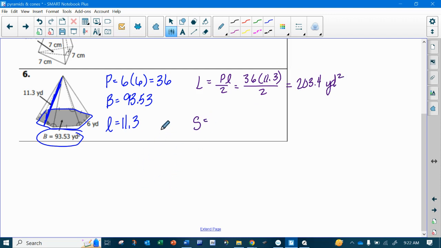Surface area is your lateral plus the base. So 203.4 plus 93.53. So that's 296.93 yards squared.